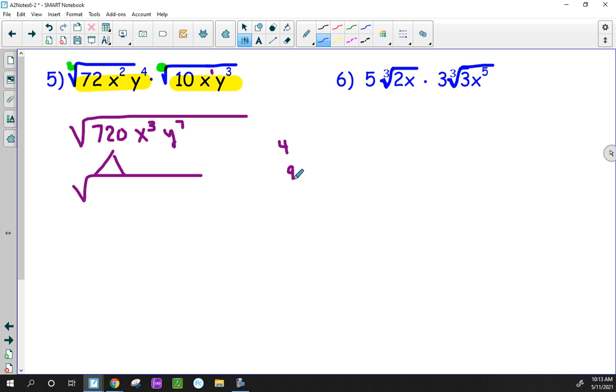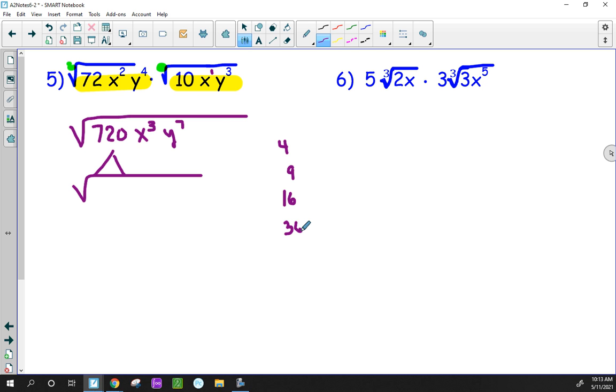720 divided by the next perfect square, 16. 16 works. Wow. 720 divided by 25 is no, that's a decimal. 720 divided by the next perfect square, 36. 36 works. 720 divided by 49. That does not work.